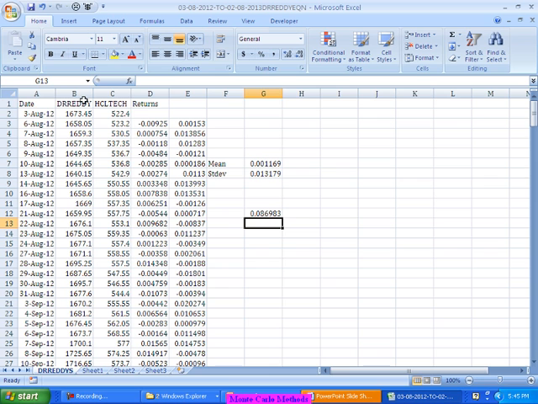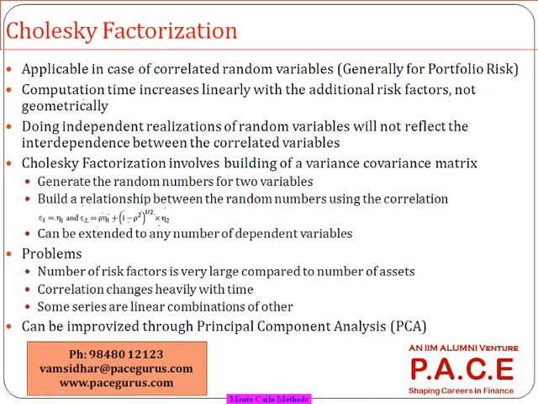If this is up, probably this also has to be up. That is where Cholesky factorization comes into the scenario, especially when I have correlation existing between the two random variables.